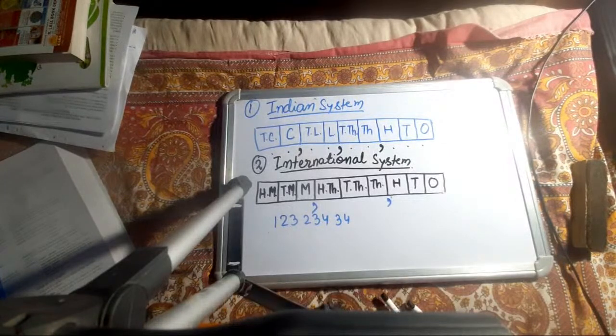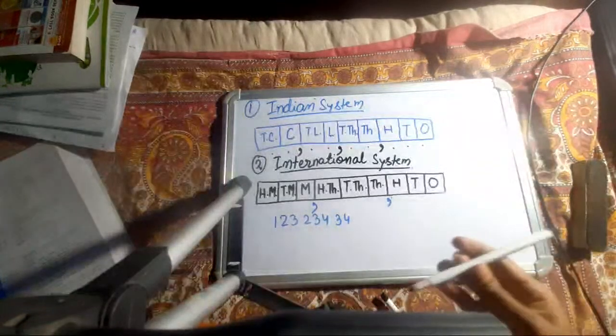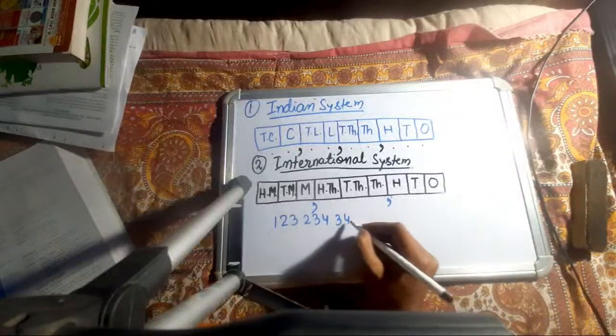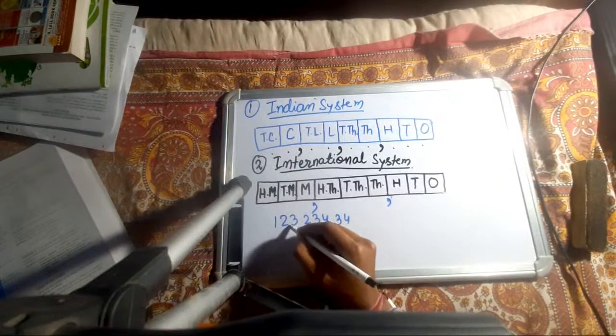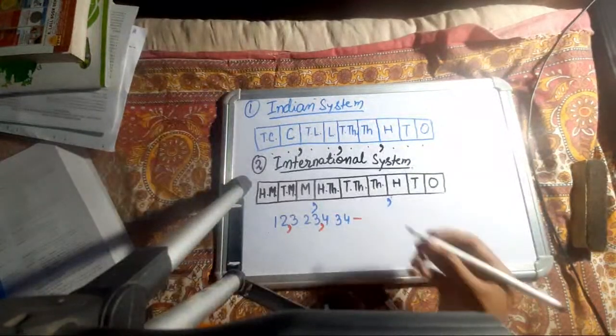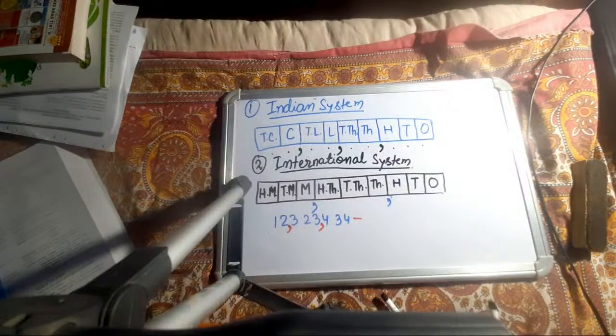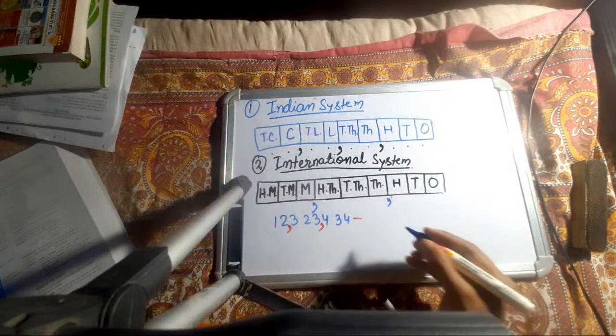Okay, now let's check. From the right side, after 3 digits we will put a comma in the international system. Again after 3 digits we will put another comma. So this is our number. What will be its name?